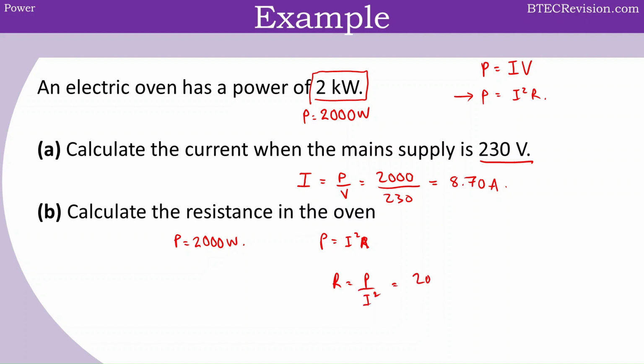So that would be 2,000 divided by, and we'll assume the same current. So current is 8.7, and that would be squared here. And this will give us a value of 26.45 ohms.